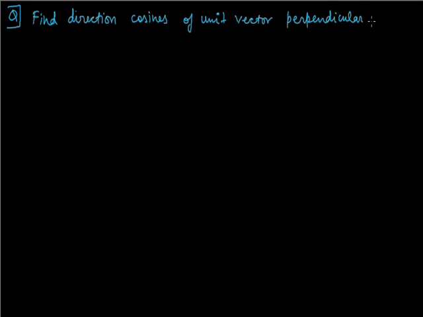The question is, find the direction cosines of the unit vector perpendicular to the plane whose equation is given by r vector dot 6i cap minus 3j cap minus 2k cap plus 1 equals 0.